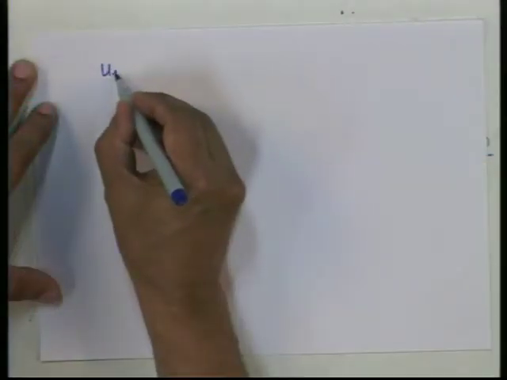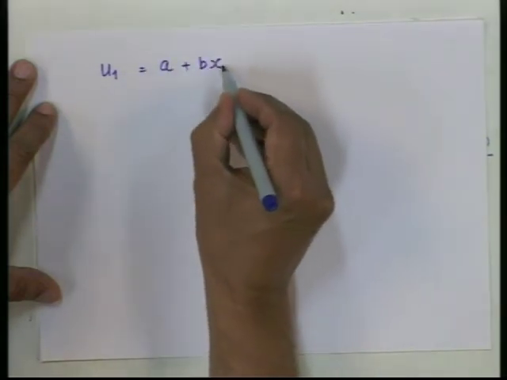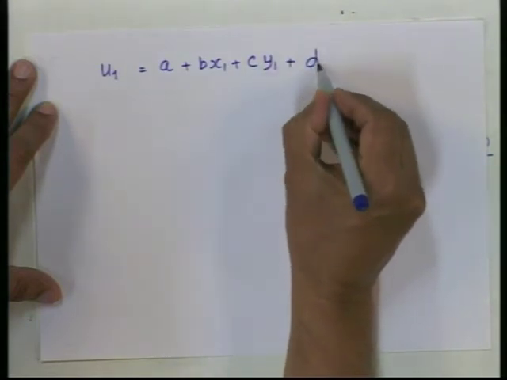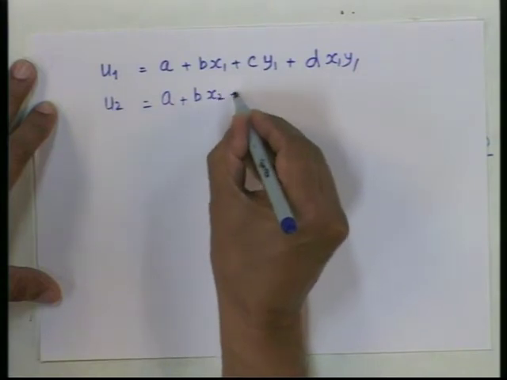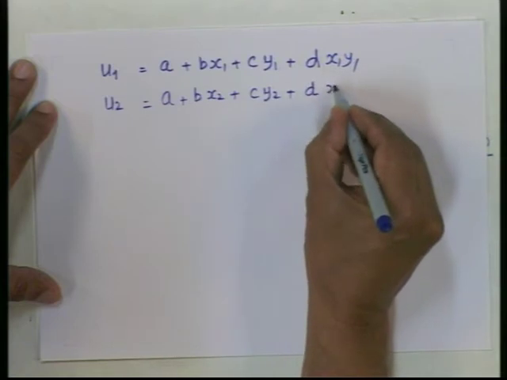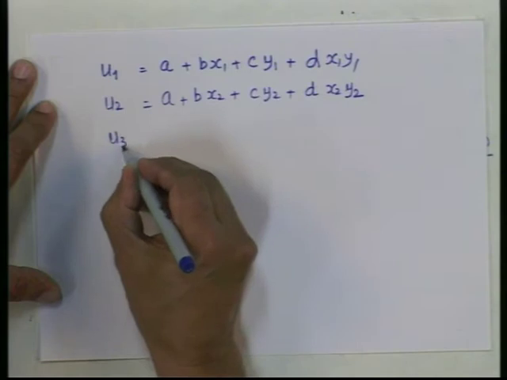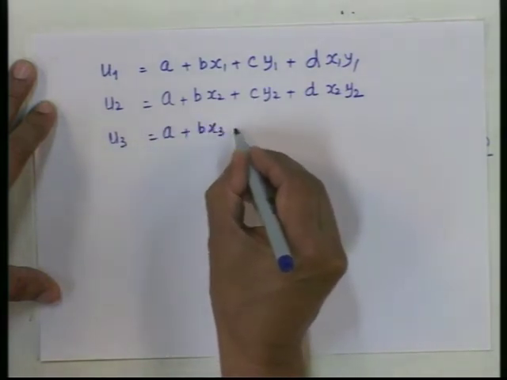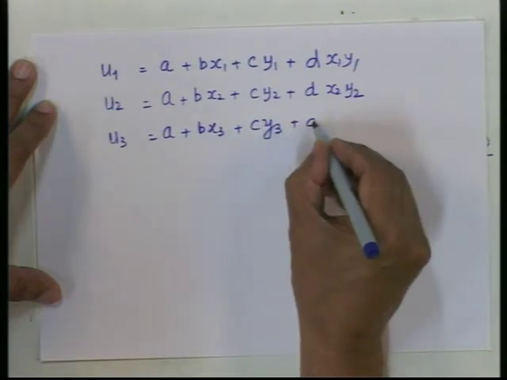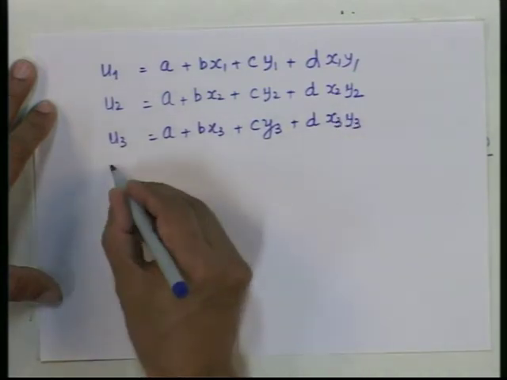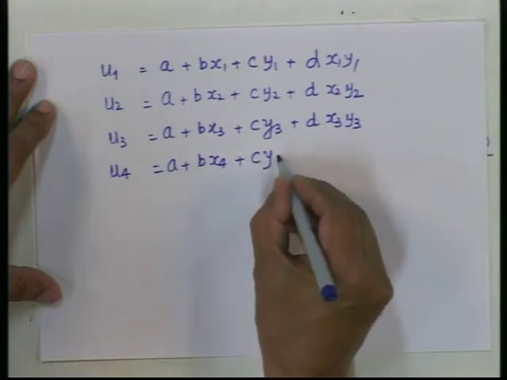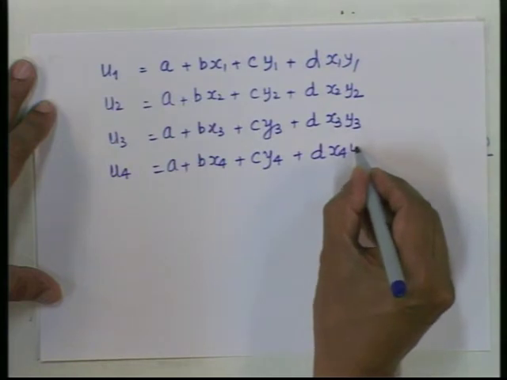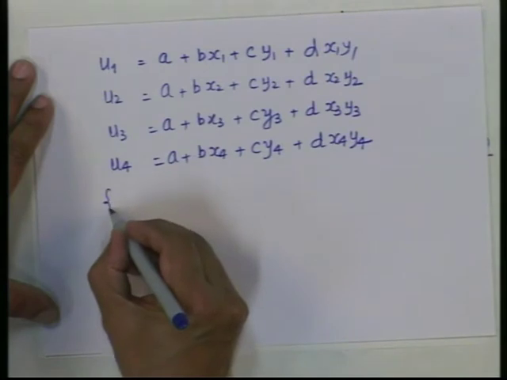So, a simple way to find out the shape function will be this. You write down 4 equations, for example, u1 will be a plus b x1 plus c y1 plus d x1 y1. u2 will be a plus b... u3... So, 4 equations, and therefore, I can find out the 4 constants.